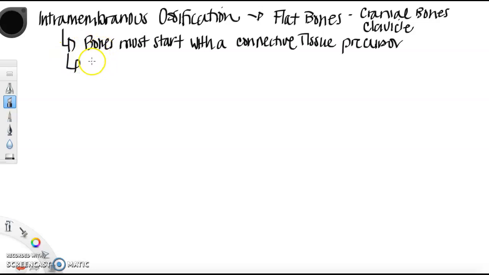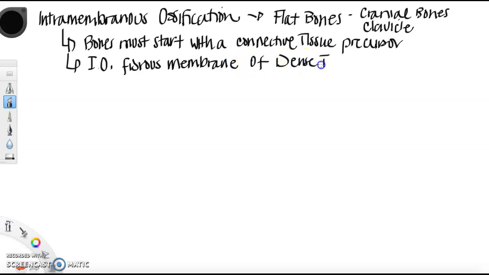So intramembranous ossification starts with a fibrous membrane of dense, irregular connective tissue.